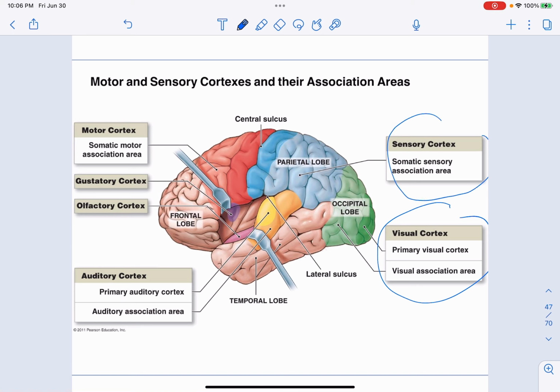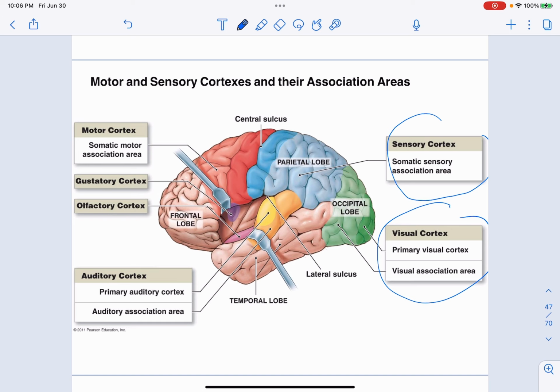In the frontal lobe, part of it is a motor cortex. And then in yellow, you have the auditory cortex. There's also an olfactory cortex and a gustatory cortex, that's for taste. So each function, whether it's sensory or motor, has a region where gray matter is handling that function.